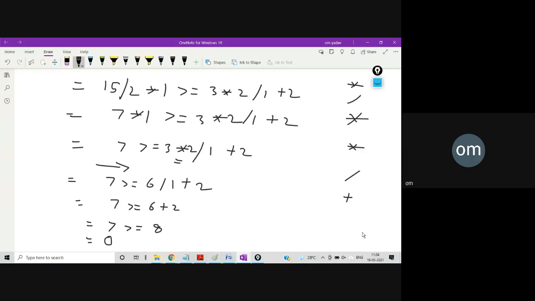Here I can write greater than or equal to is evaluated. In this way, depending on the hierarchy of the operators, you will have to resolve the expression given to you. For that purpose, you will have to remember the precedence of each and every operator along with their associativity. That is important. Otherwise, you will not be able to resolve it.